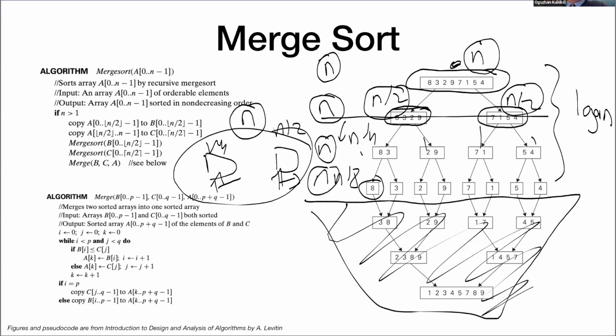So that is why my total number of comparisons is bounded by n times log n. And this is my final complexity.